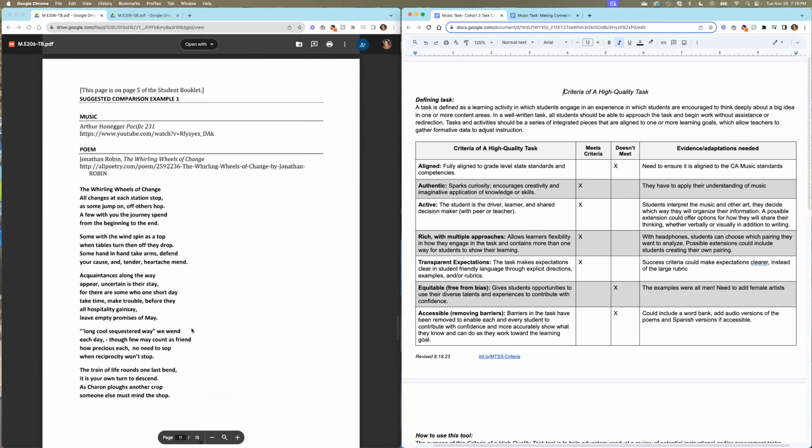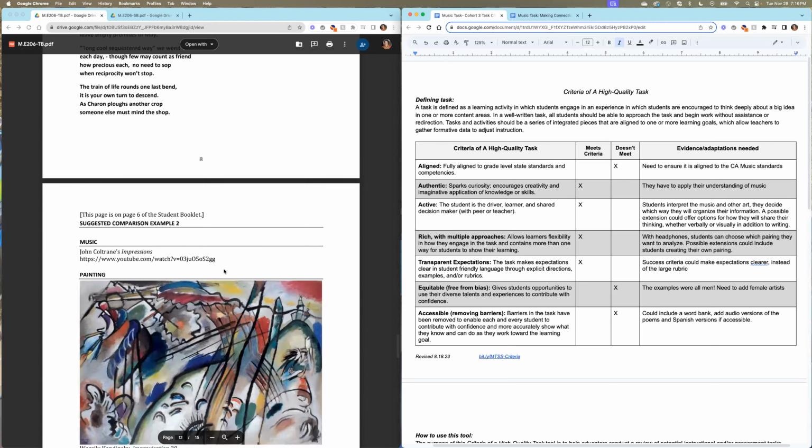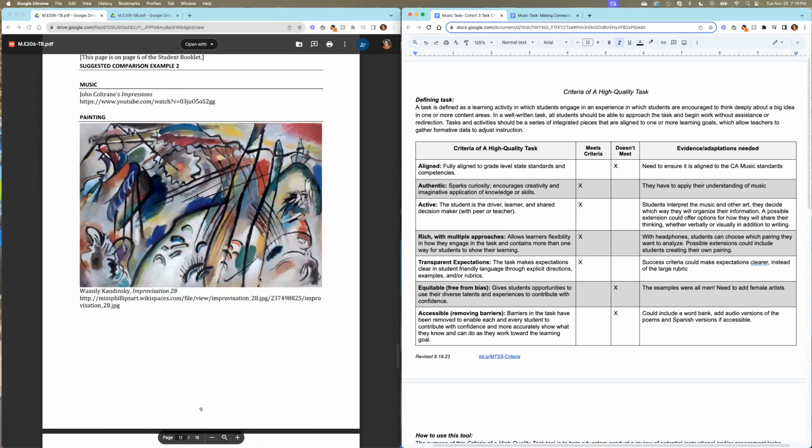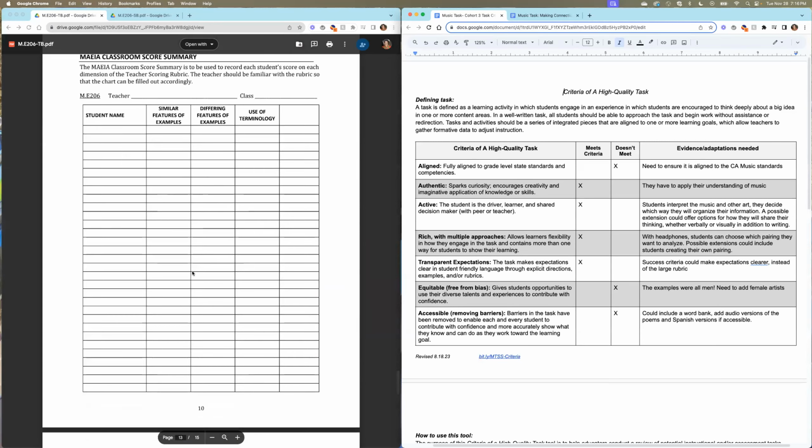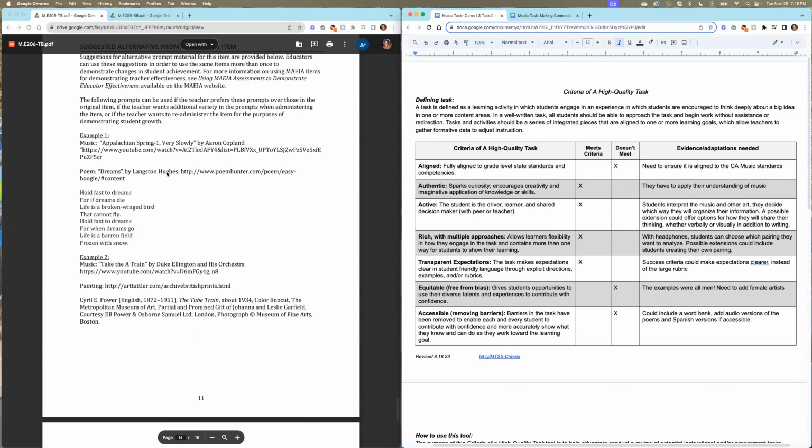The samples that they gave, there are two that are about basically transportation. And then this is some jazz music that is aligned with the Kandinsky improvisation painting. And then there are additional examples that you could pull from as well.